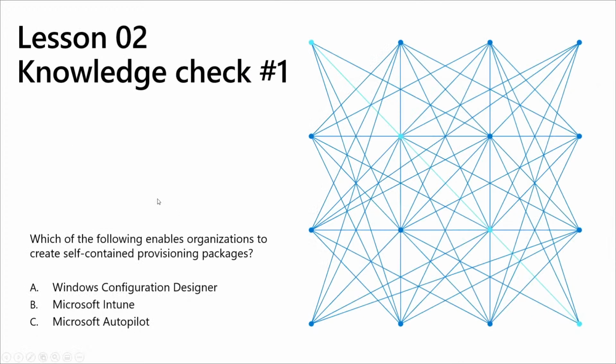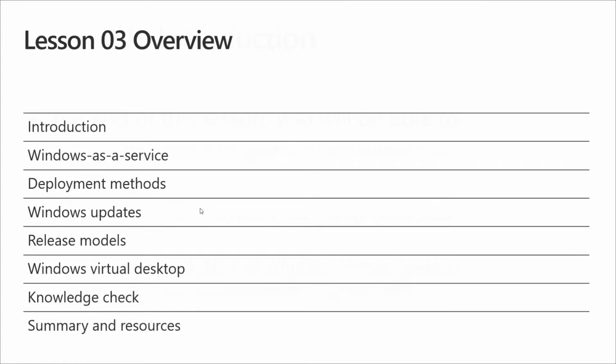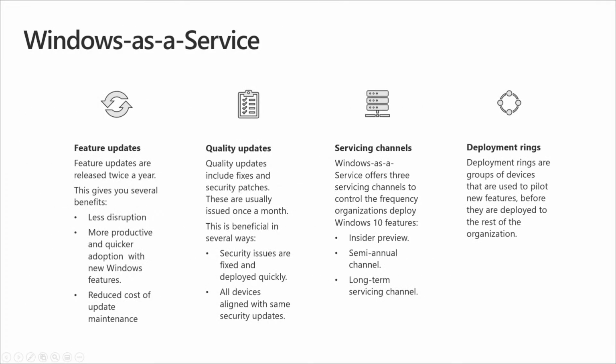All right, we're down to the last few minutes here. And this particular one is an interesting twist, maybe unexpected, that Microsoft 365 includes Windows as a service, which allows you to update Windows through this service called Windows as a Service.